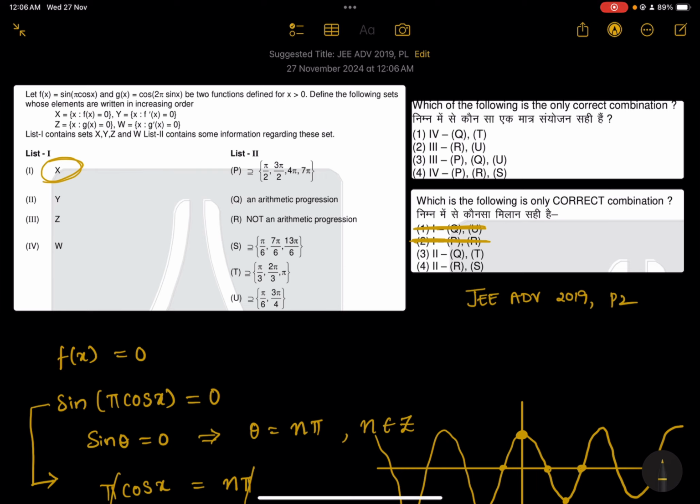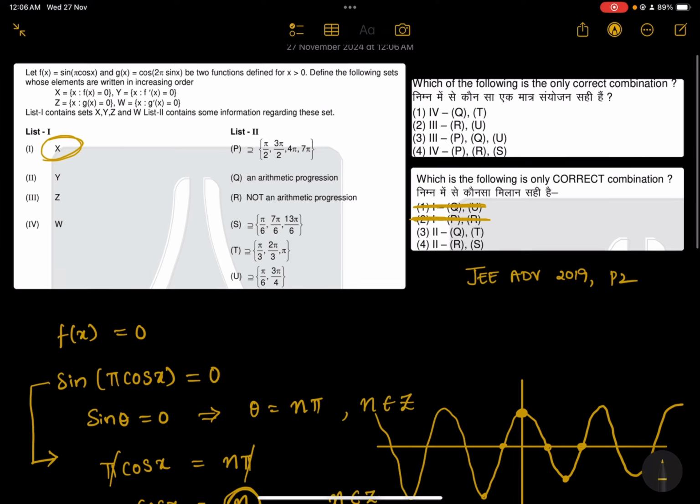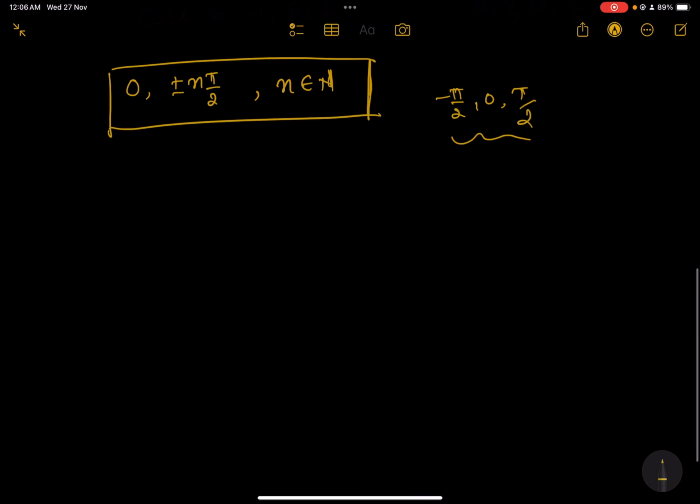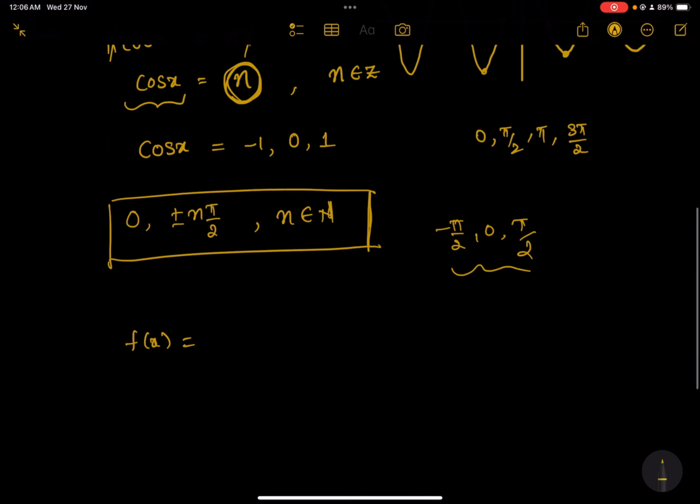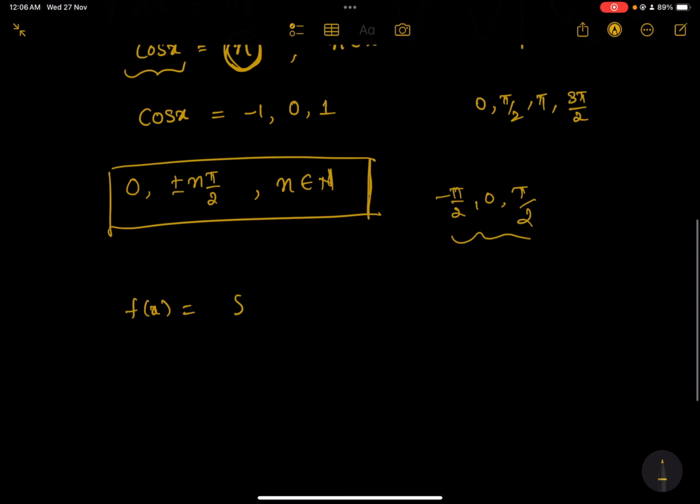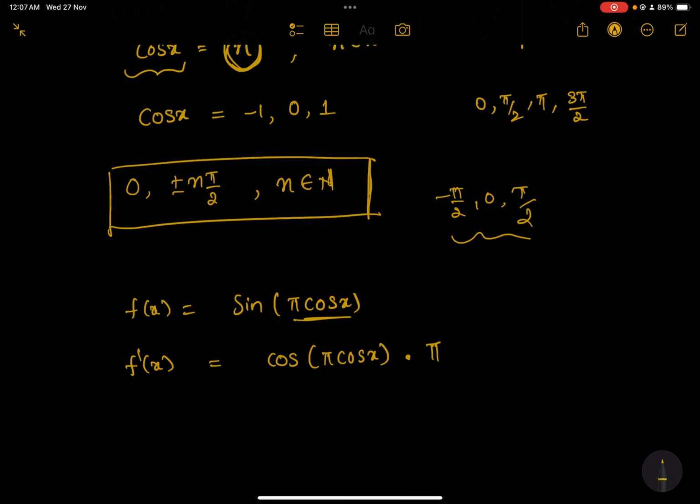All right, now let us go ahead and solve for Y. What is Y? Y is f dash x equal to 0. f of x is sine of pi cos x. f dash x is cos of pi cos x into the derivative of pi cos x, which is pi times minus sine x.